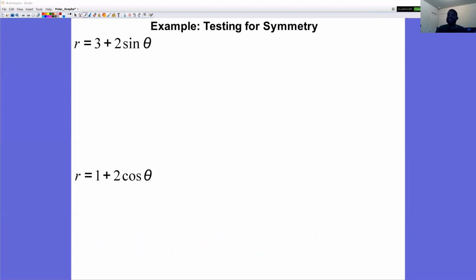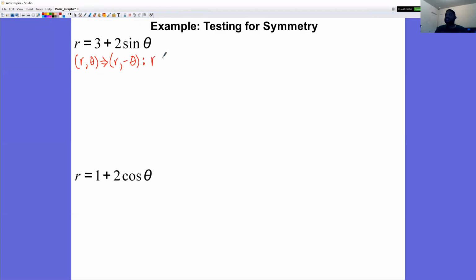So we have one here. All right, we're going to do r equals 3 plus 2 sine theta. So what I'm going to do is check symmetry with respect to the polar axis. I'm going to change theta to negative theta and see what happens.